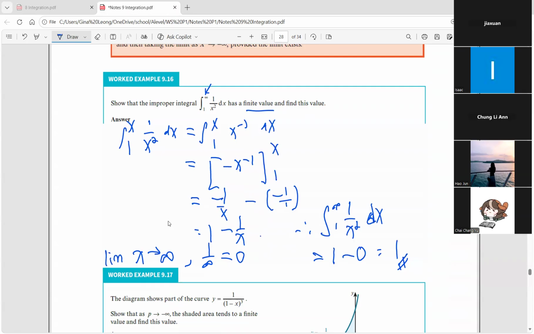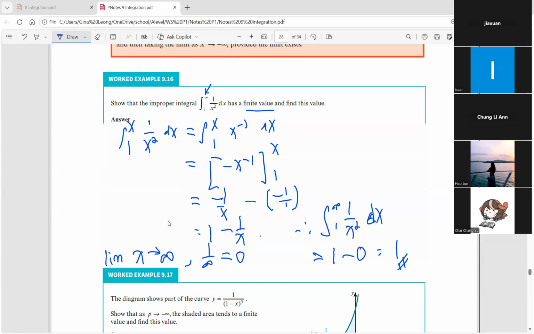Okay, approach nearest to infinity. Now 1 over infinity actually is 0. Why do I say that it is 0? Because when you press the calculator, 1 over 9, you can put 8 nines, 9 nines, 10 nines, a lot of 9s, the answer that comes up is 0.000000009, or 0.0000001, something like that.